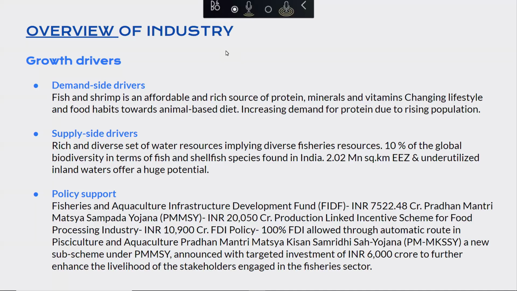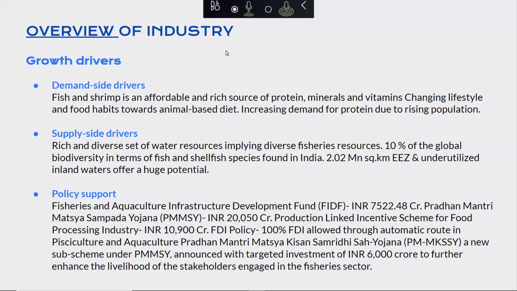So this uptick in people choosing the protein diet has created a huge demand for the aquaculture industry. On the supply side, India has around 10% of the biodiversity. We can cultivate different kinds of shrimp, different species of fish.